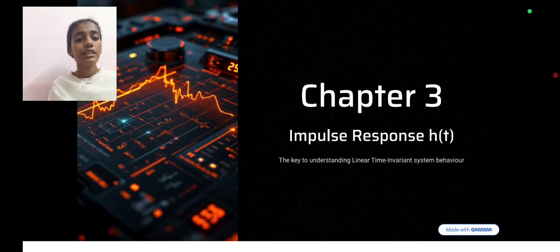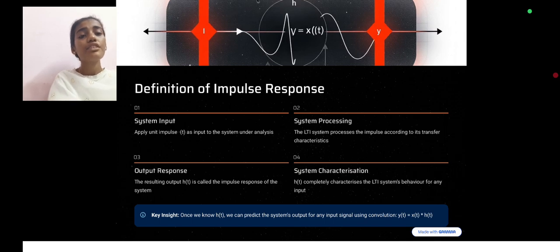Next, Chapter 3, impulse response h of t, the key to understanding linear time invariant system behavior. It is also called LTI system behavior. Definition of impulse response. System input: apply a unit impulse delta of t as input to the system under analysis.